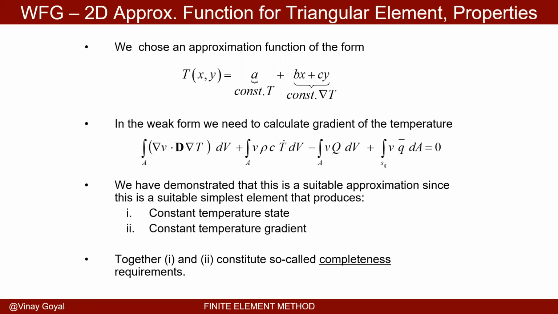That's an important factor in what we're talking about here. And you can see that this temperature approximation does that. We can represent a constant temperature and also a constant gradient. So very nice. Together, these two conditions are called the so-called completeness requirements.